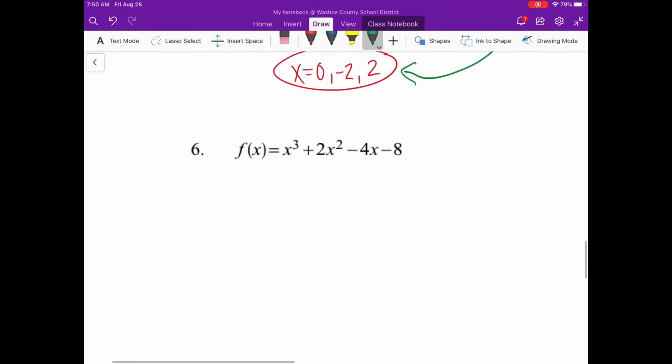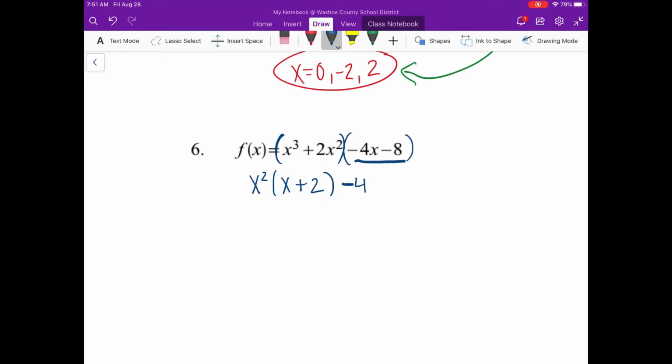Okay. And this one, we have 4 terms, so I'm going to go ahead and factor by grouping. So I'm going to group these first 2 and these last 2. For the first group, I have x squared in common. That means I have x plus 2 left inside.